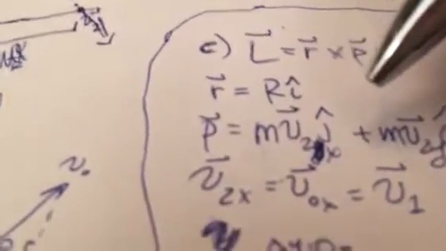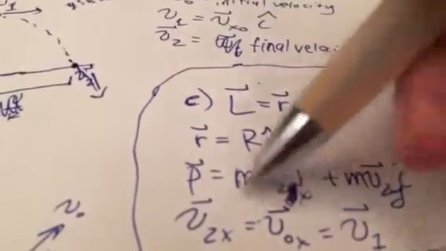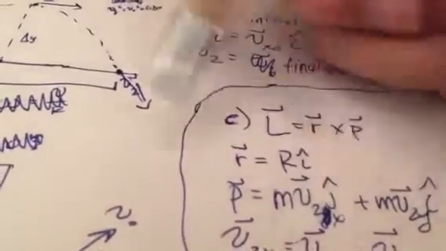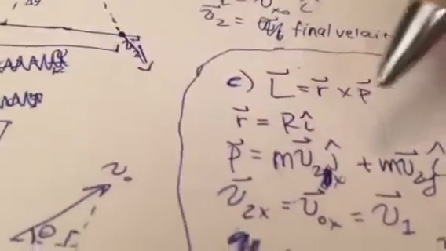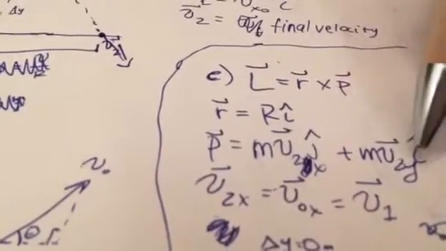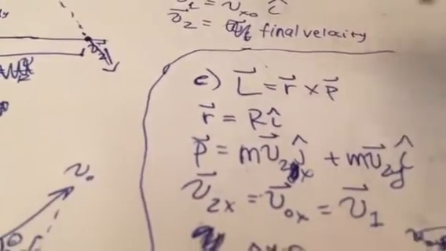The momentum is slightly more complicated to calculate because we have momentum in the y direction, because the velocity is going diagonally. We have momentum in the y direction and in the x direction. So we know it's going to be m v2y in the j direction plus m v2x in the i direction. I screwed this up.